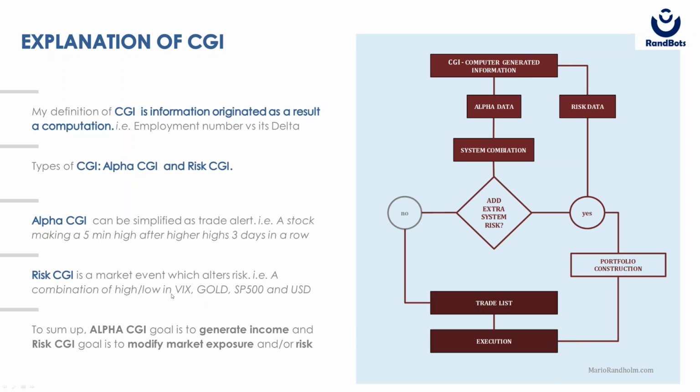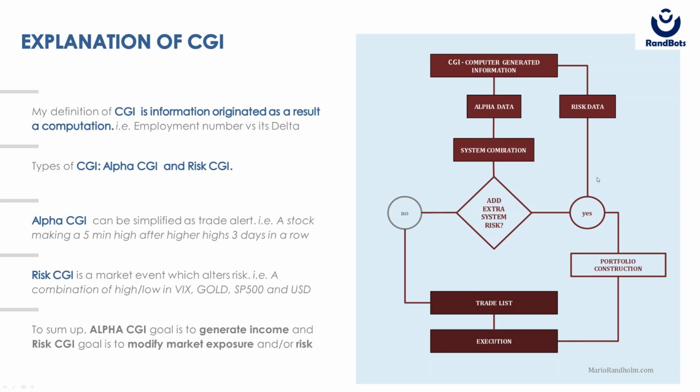So if we have a high on these 4 products, I'd receive an alert saying there is a high on the VIX X seconds ago, a high on gold X seconds ago, a high on the S&P 500 X minutes ago, and the US dollar had been trending higher for the last 2 or 3 days. So this is information that I would not be able to process if I did not have the computer's help, right?